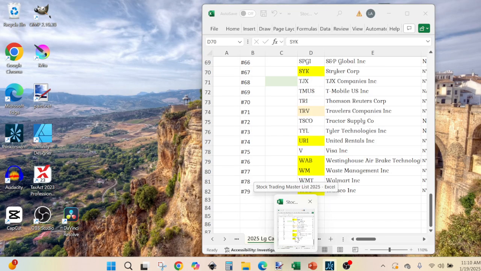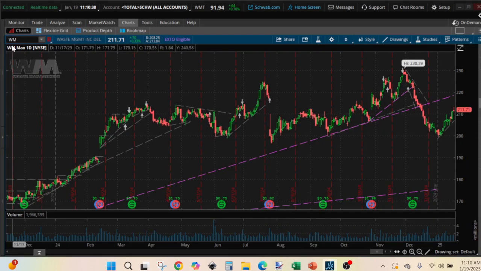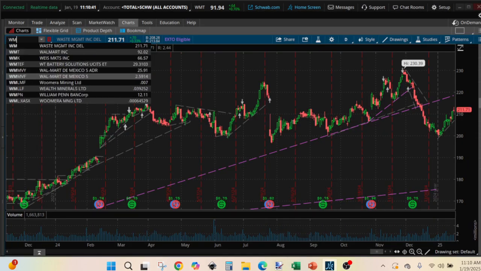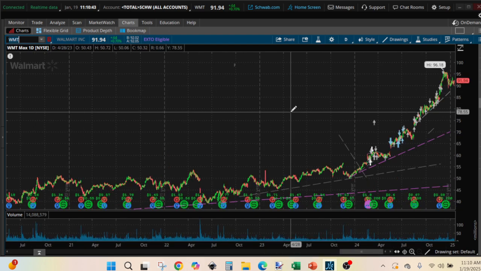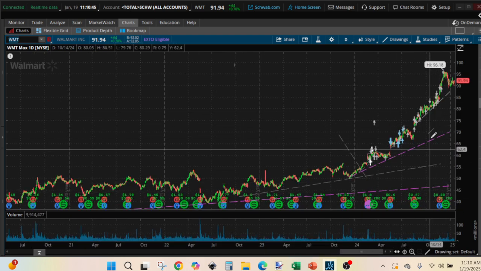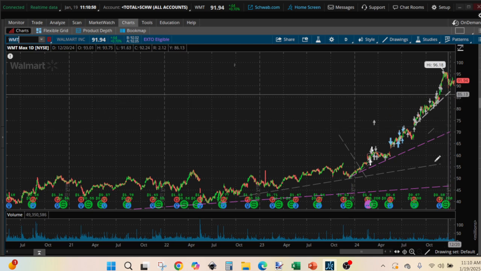The next one is WMT, Walmart. So we have those two lines that we like to buy at, but right now it's following this trend line.